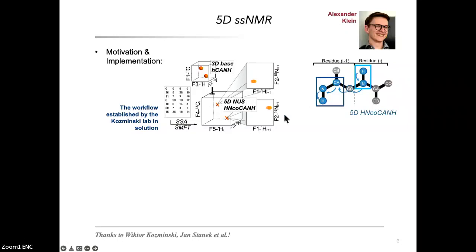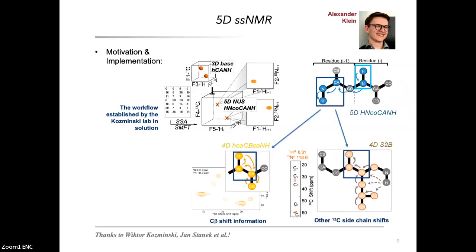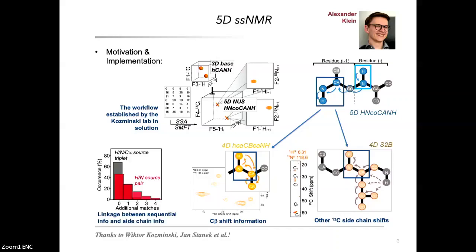So that's something that works very well and then gives us the possibility to really link this HNCA type of three-dimensional shift identification or residue identification with C beta or even the whole set of sidechain carbons, which then give this sequential link also the information about what sidechain or what residue type we're looking into. So this is something that increases the level of fidelity.